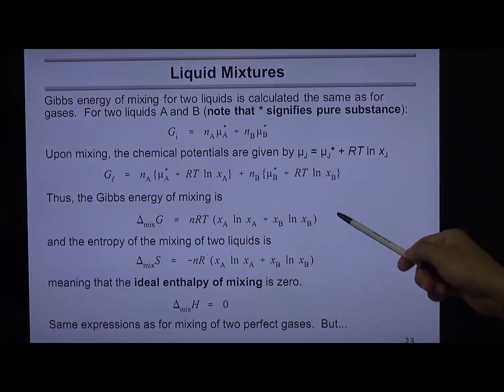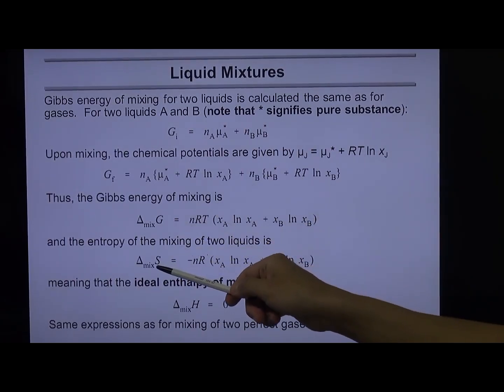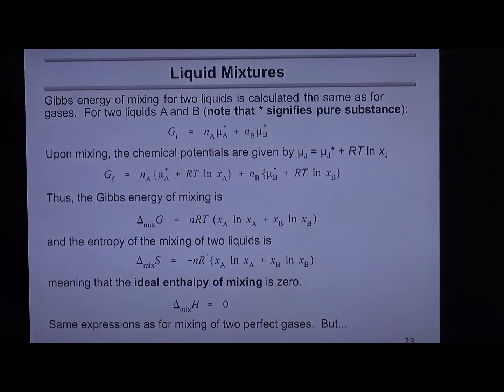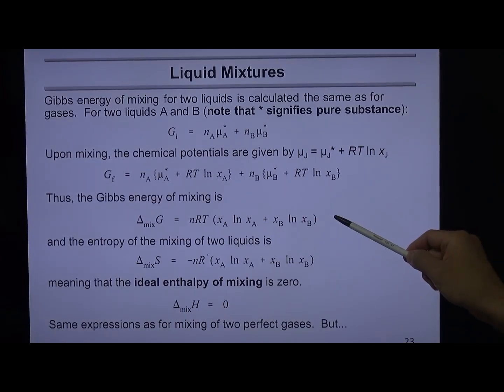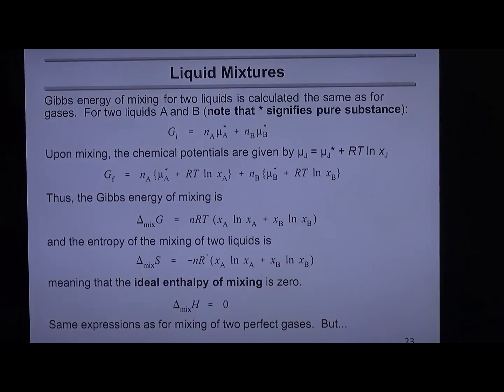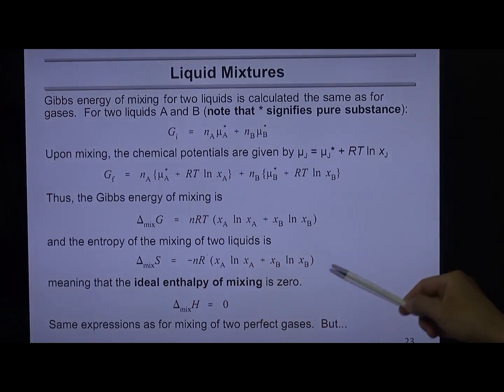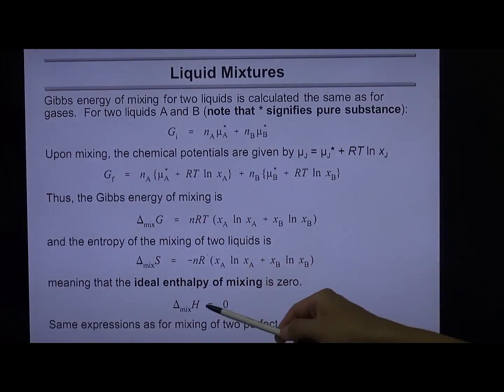Since the Gibbs energy of mixing is the same, the entropy of mixing is also the same, right? Delta_mix S equals minus nR (x_A ln x_A plus x_B ln x_B). So as you see, the Gibbs energy of mixing for two different liquids is negative. So the mixing process is spontaneous, right? And the entropy of mixing is positive, right? And also the enthalpy of mixing is 0.